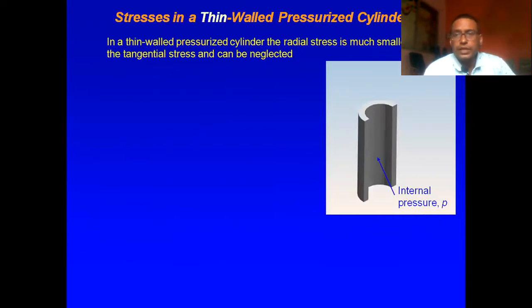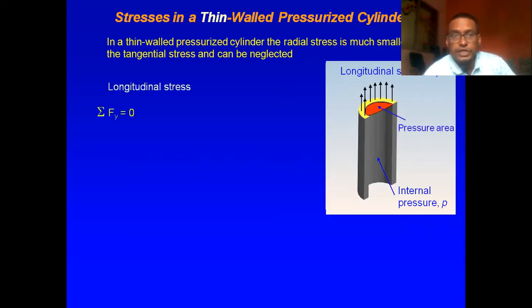So this is the internal pressure that is exerted inside the vessel. This internal pressure causes the stresses on the metal wall. We can see these are the longitudinal stresses.